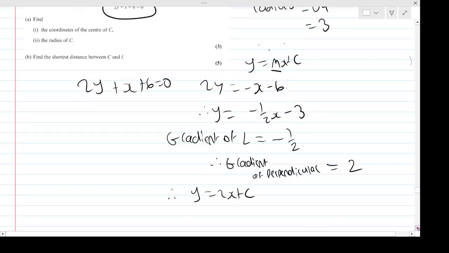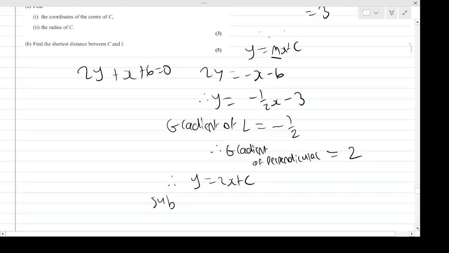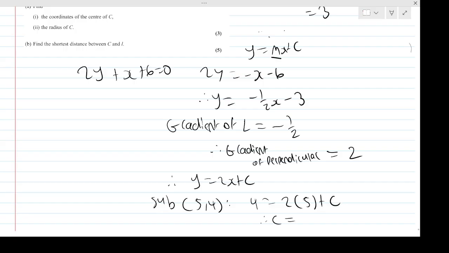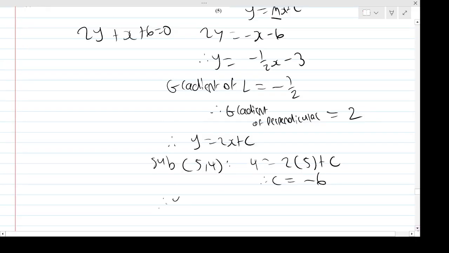So if I substitute 5, 4 in, 4 would be y, 2x, 2 lots of 5 plus c. Therefore c is 2 times 5 is 10, 4 take away 10 being minus 6. There we are. So now we've got our equation, right? Cool. So that means y is 2x minus 6.